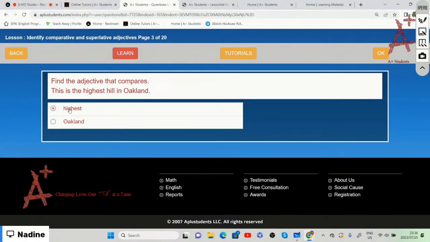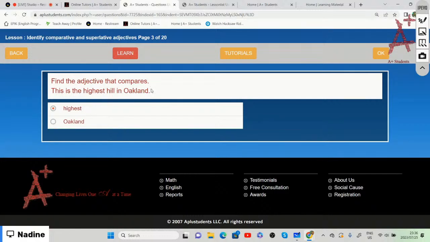And highest ends in EST, which means that this is a superlative adjective, right? And this hill is now being compared not just to another hill in a different place, but to every other hill within Oakland, right? So this is the highest hill in Oakland.